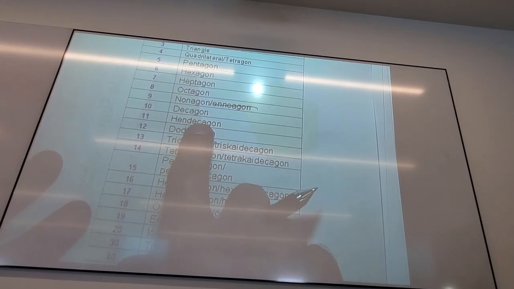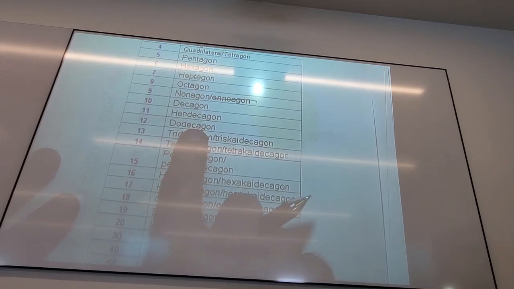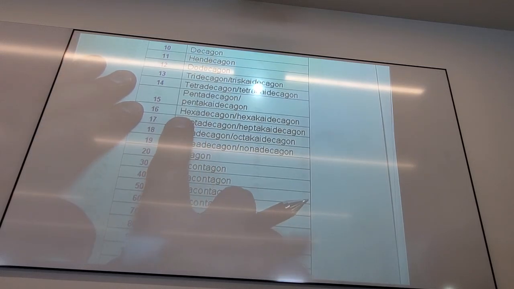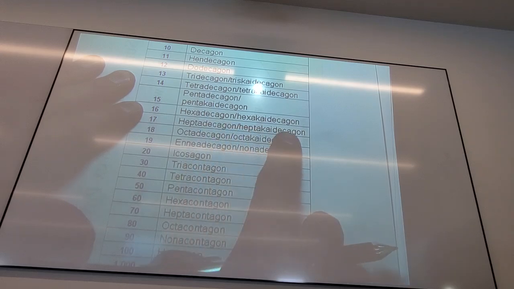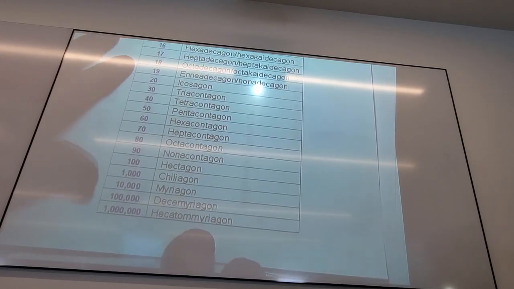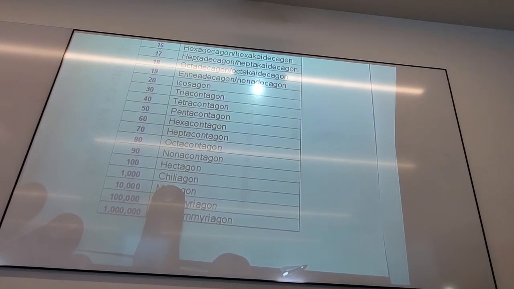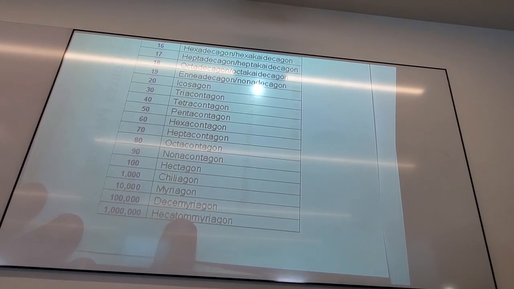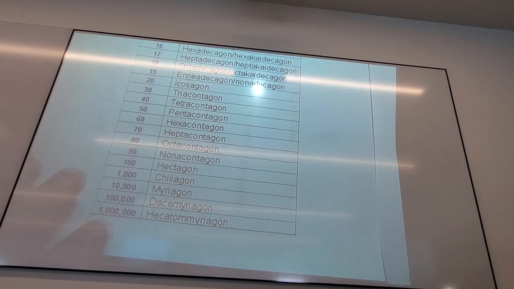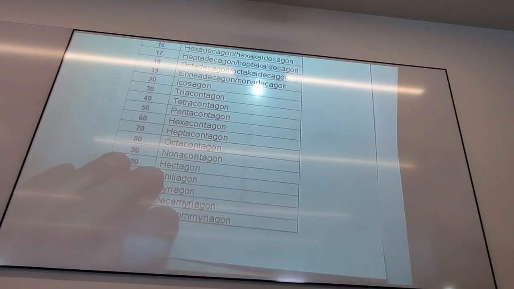Hendecagon. There it is. Dodecagon, we kind of know. I'm not going to read all these. Look at this one. Supercalifragilistic. Okay. And then you get up to thousands, sided figure. Of course it's a chiliagon. Why not? Anyway, sorry. So you don't have to memorize this. You guys with me? Do not copy this stuff down.